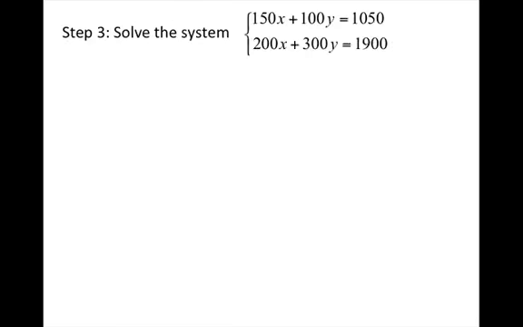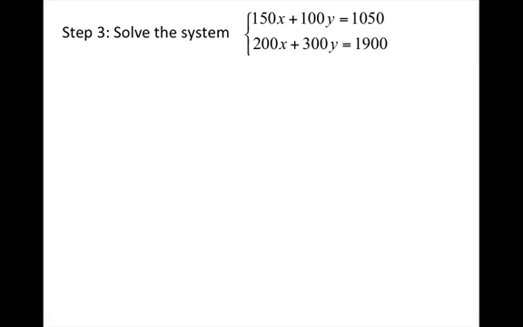So step 3, I want to solve the system. 150x plus 100y equals 1050, and 200x plus 300y equals 1900. So if I look at the x's and look at the y's, I'm probably going to eliminate my y's just because it's easier for me to see that the smallest number 100 and 300 will go into is 300.